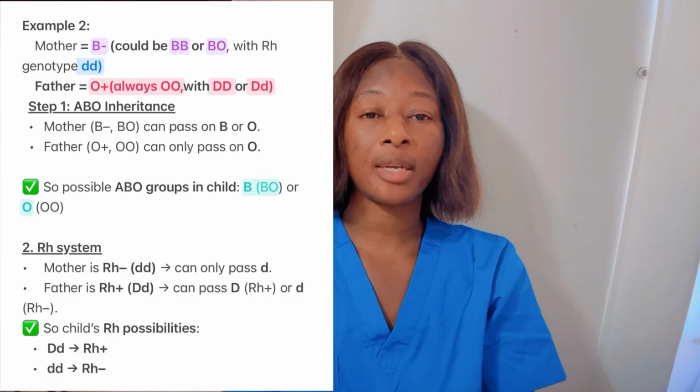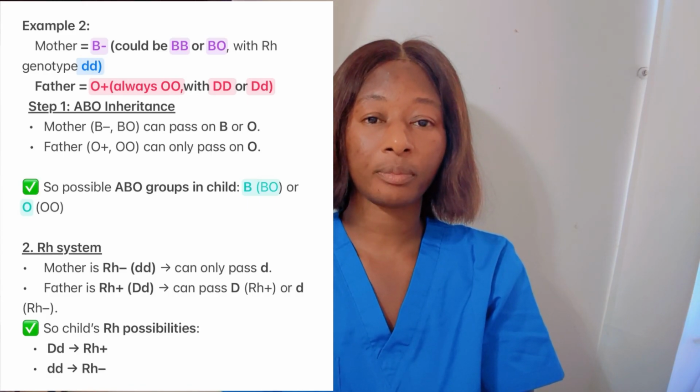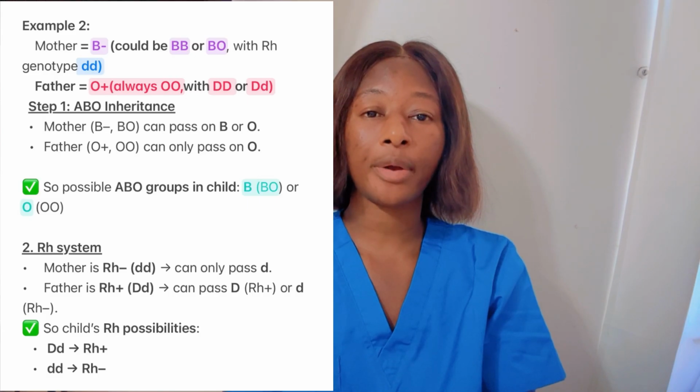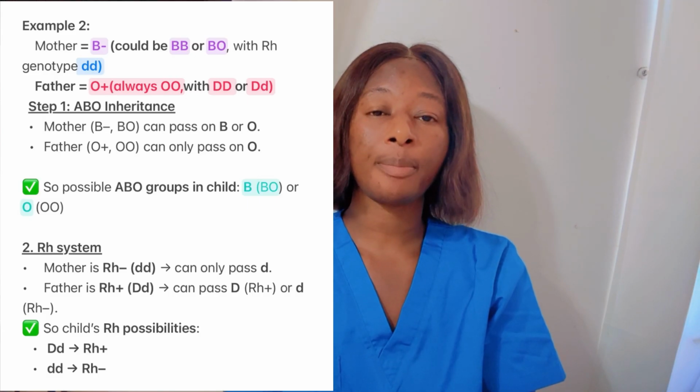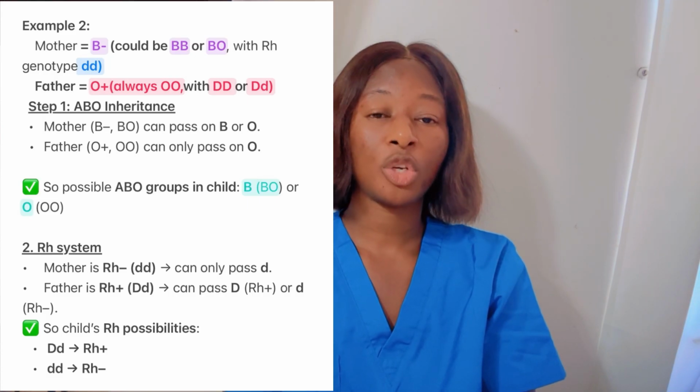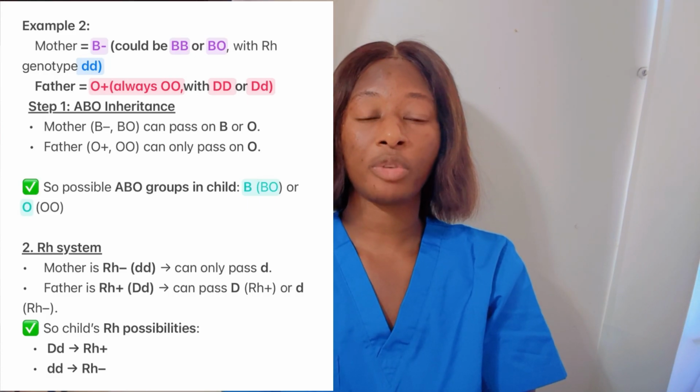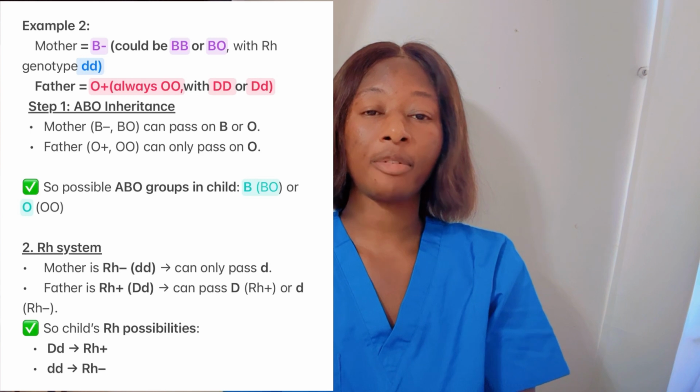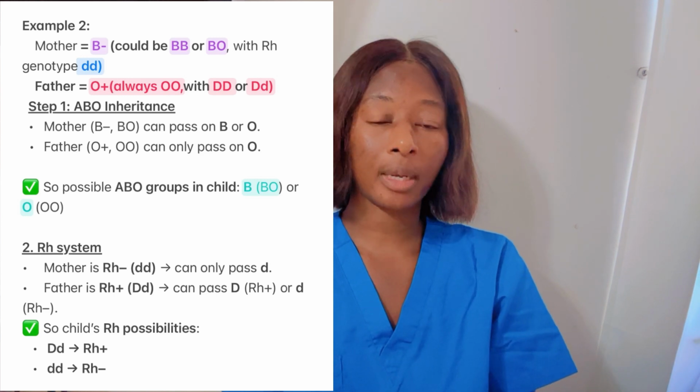But because the father is O, the father can only pass O gene to his children. When we come to the Rh factor, because the mother is B negative and the father is O positive, children from this family can also have blood group positive or blood group negative.